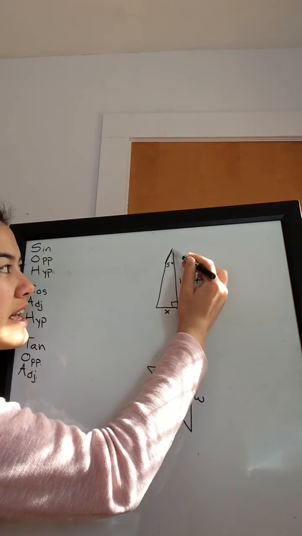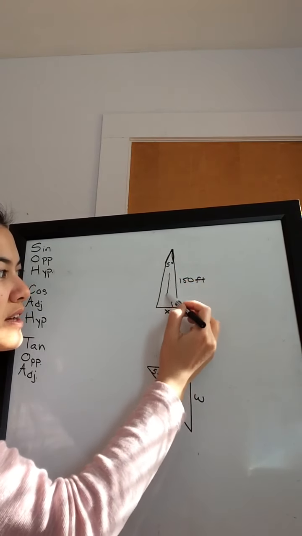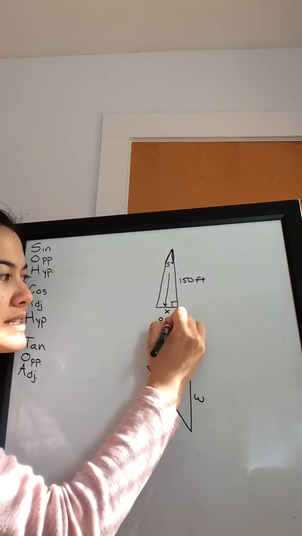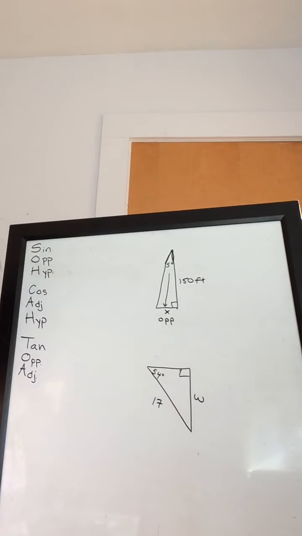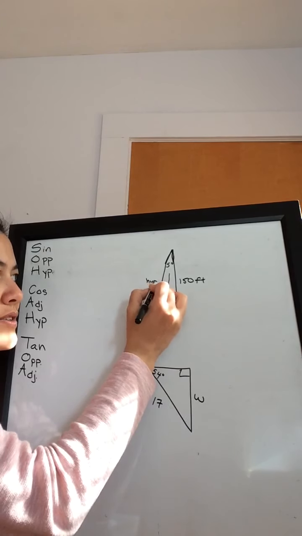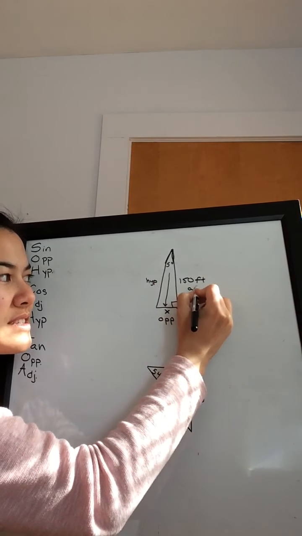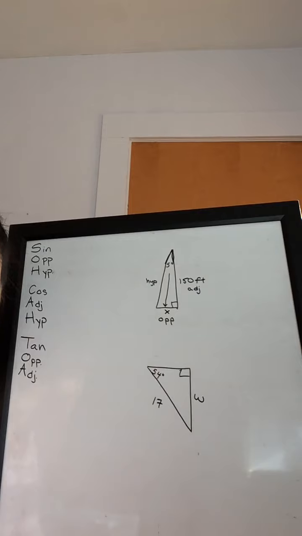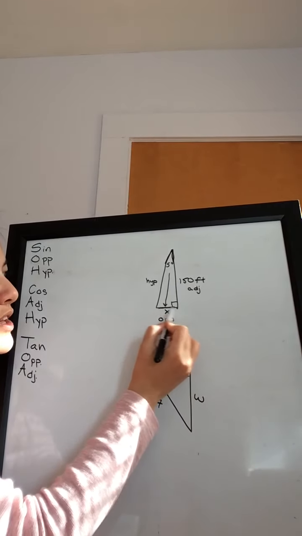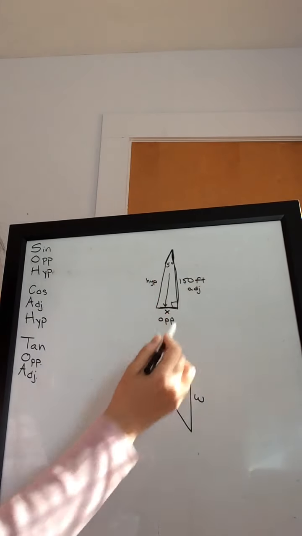So we are given this angle. If I draw an arrow across here, this would be my opposite side. And remember, the hypotenuse is always the longest side. It's whatever's across from the right angle. So this is the hypotenuse, and this would be the adjacent side. Adjacent means next to, right? So what we have here is the opposite side and the adjacent side.